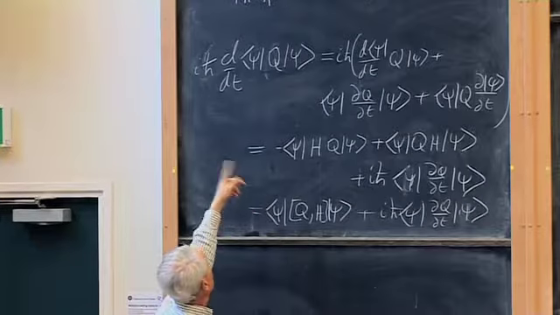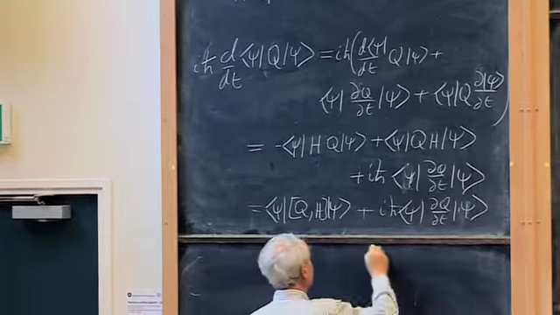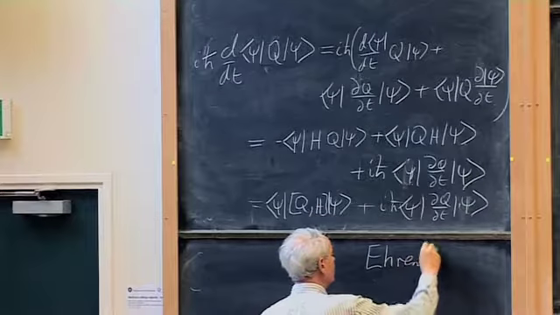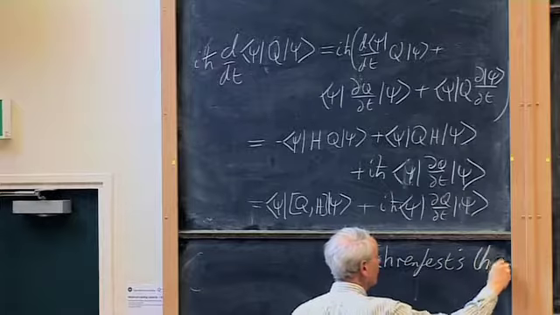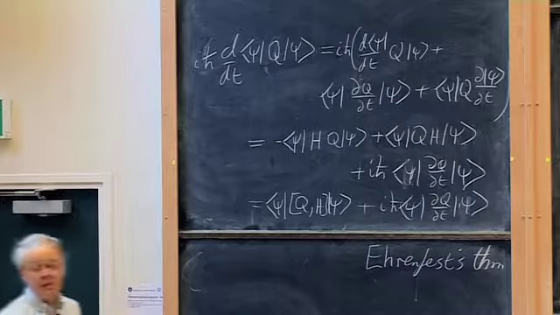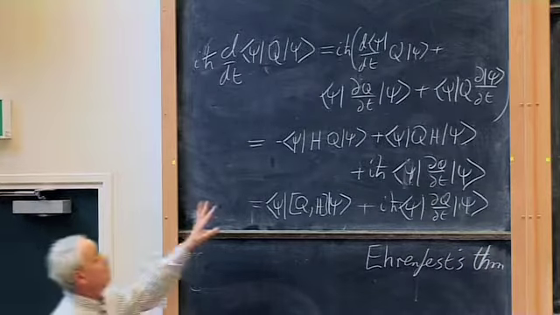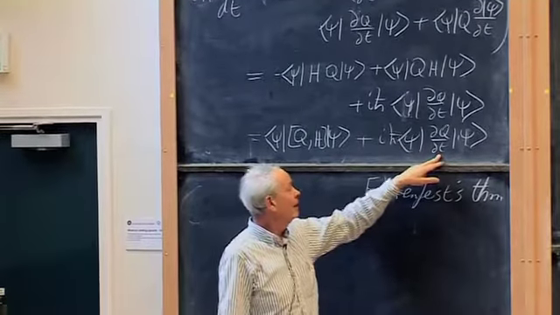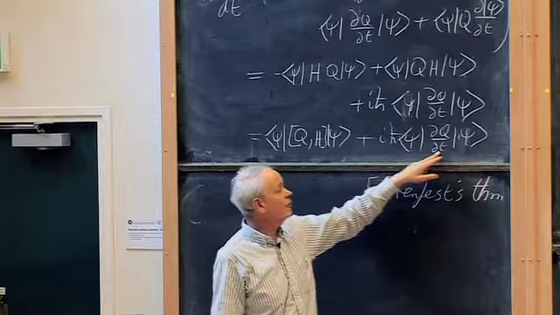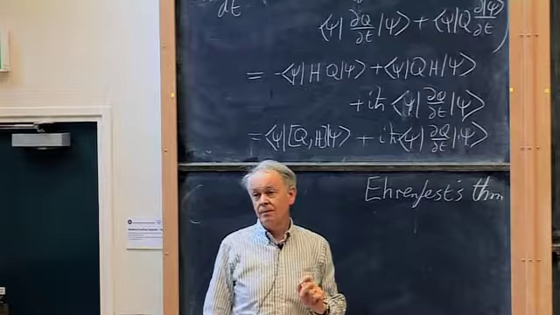So this result goes by the name of Ehrenfest's theorem, and it's one of the more important results of quantum mechanics. In most of our applications, we can forget about this last term, because what is it? It's the expectation value of the rate of change of your observable.